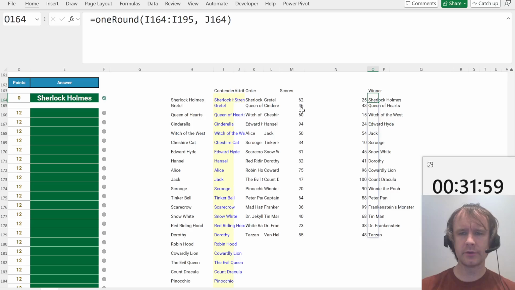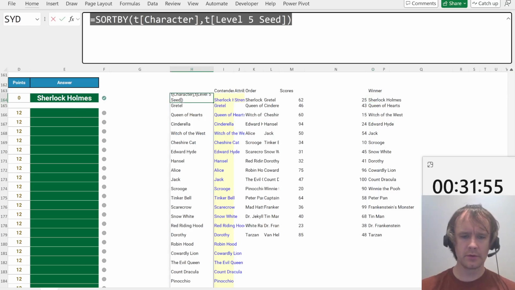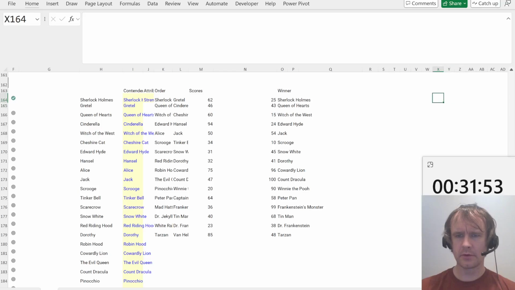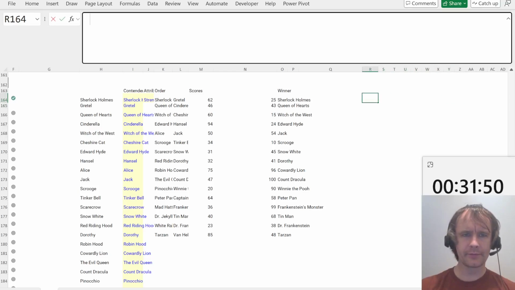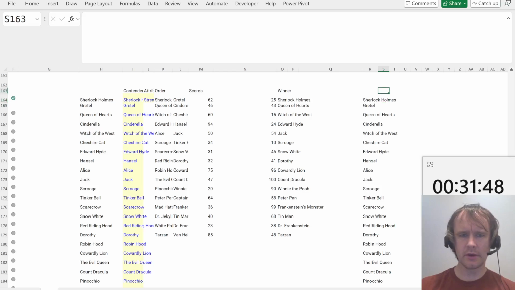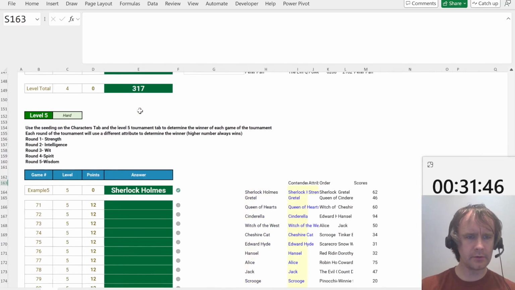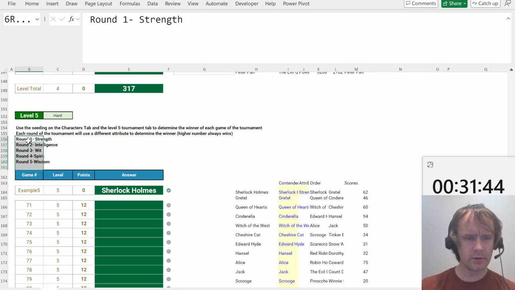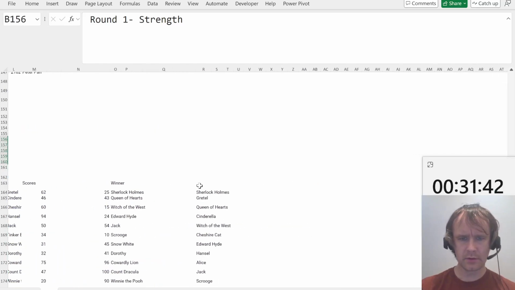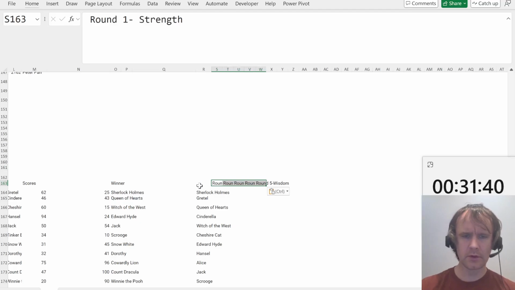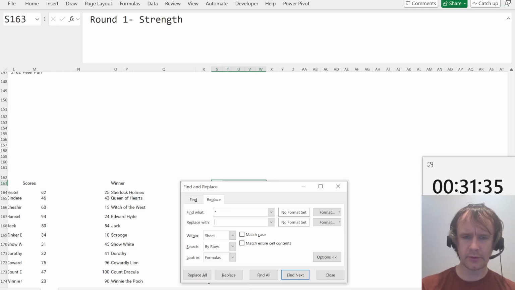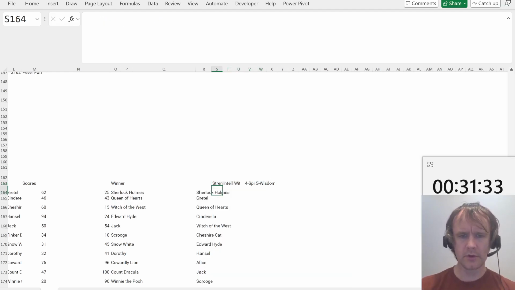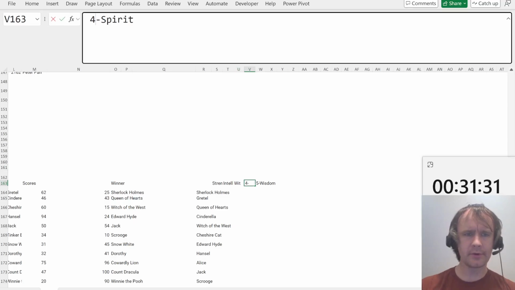Then I want to start from here, and I want the attributes that are going to be used here. Slightly different, fine.